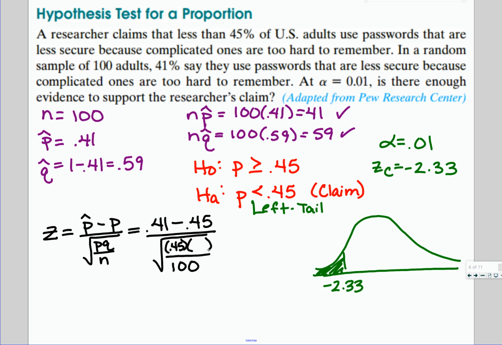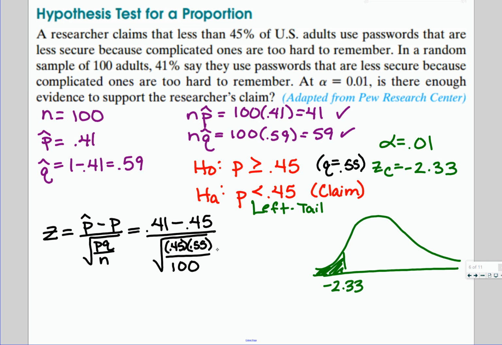Okay, so if my Q hat is 0.59 because it's the complement of P hat, I can use P to get Q. If P is 0.45, what's the complement of that? Q. 0.55. Okay, so those are population values you're seeing. The only one that is going to be a sample from that Z-score is that 0.41, that P hat.